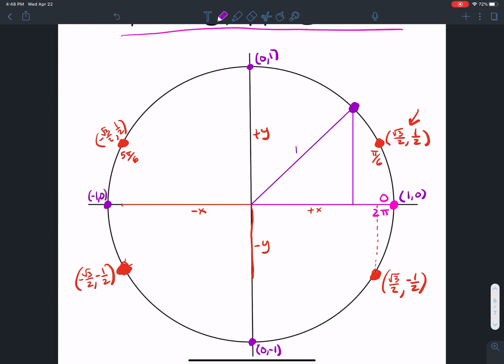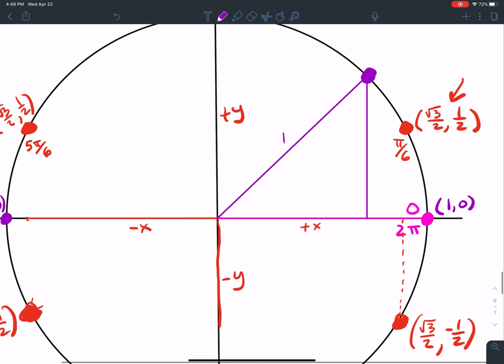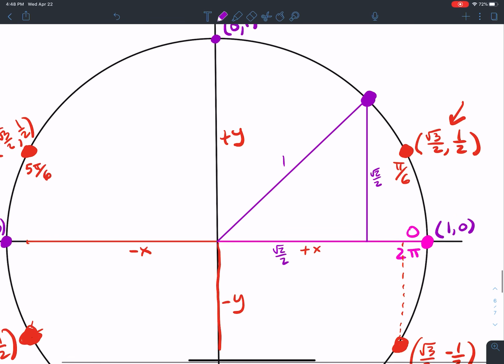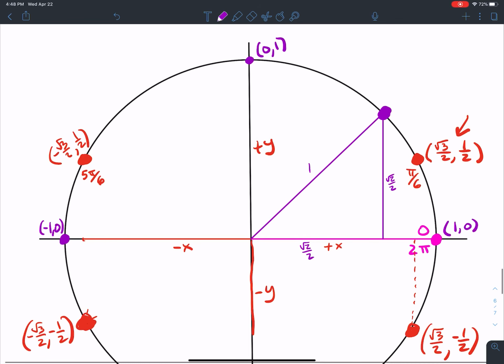So this would be 1, and then that would be square root 2 over 2, and this side would be square root 2 over 2. Okay? And so this is the 45-degree angle, pi over 4. Right? So the coordinate is square root 2 over 2, comma, square root 2 over 2.